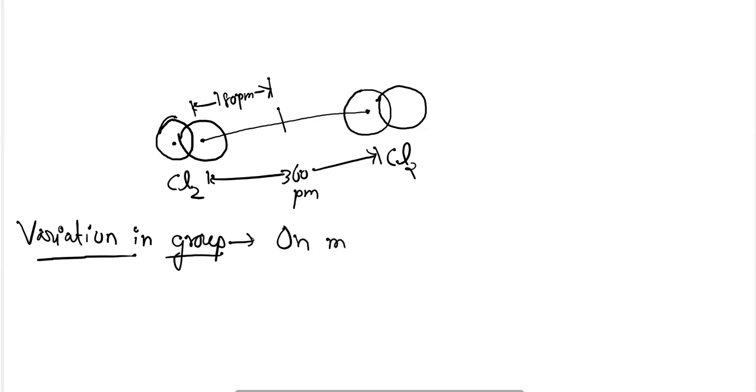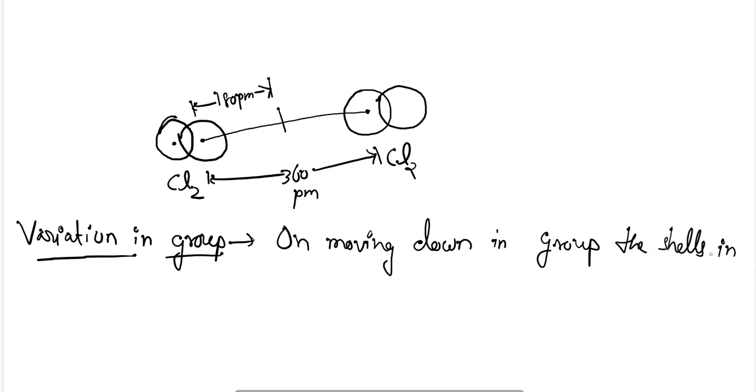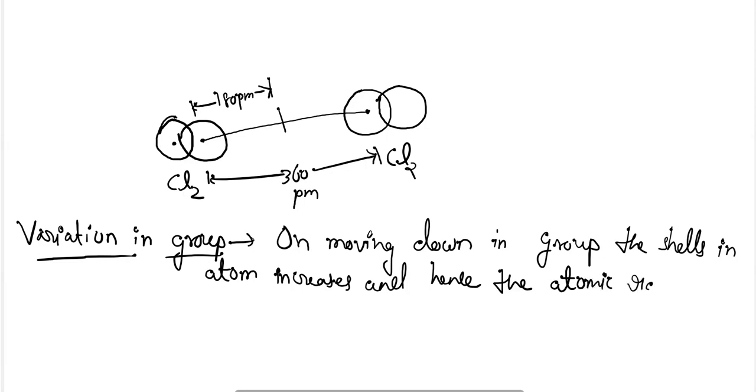On moving down in a group, the number of shells in the atom increases, and hence the atomic radii also increase.